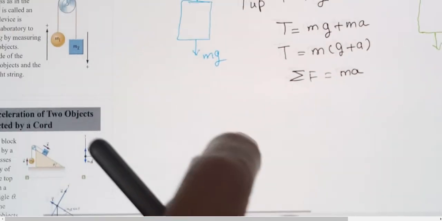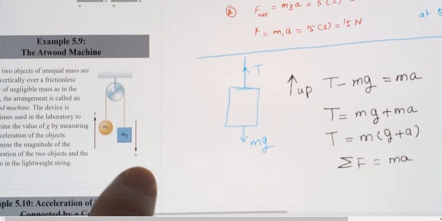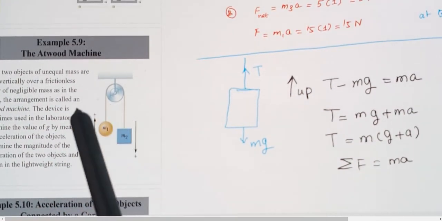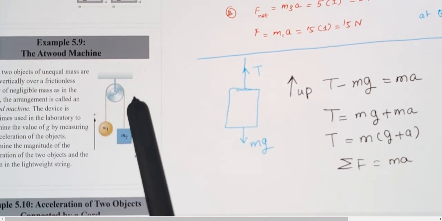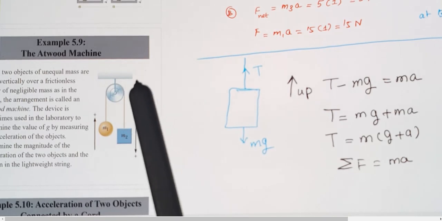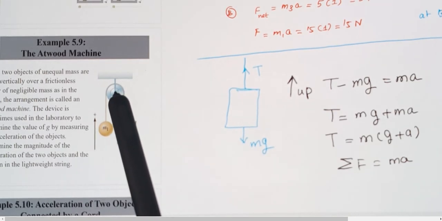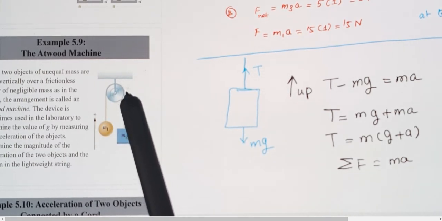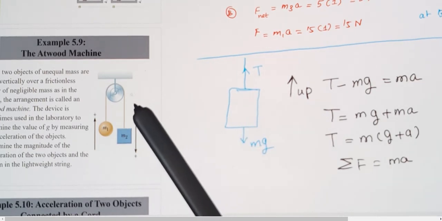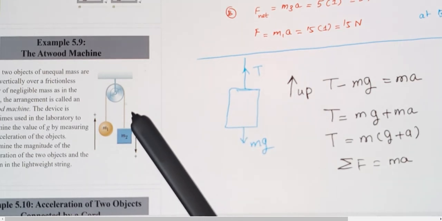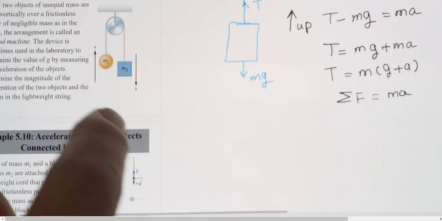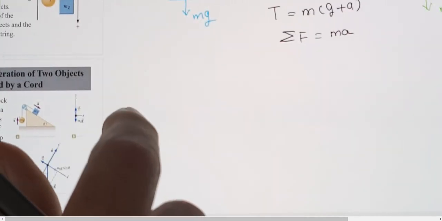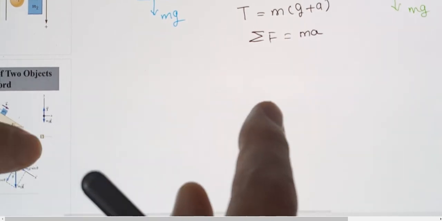Okay, so now we move to this typical situation. What is a typical situation? It's called Atwood machine. We have a massless pulley, massless rope, and we have two masses. So how to solve this problem?